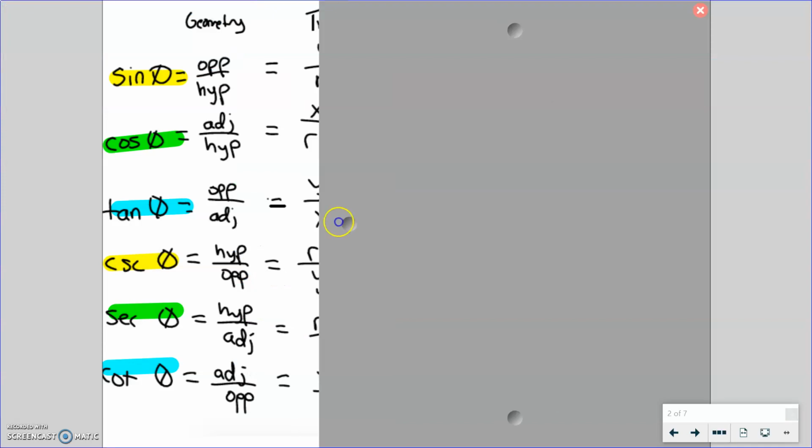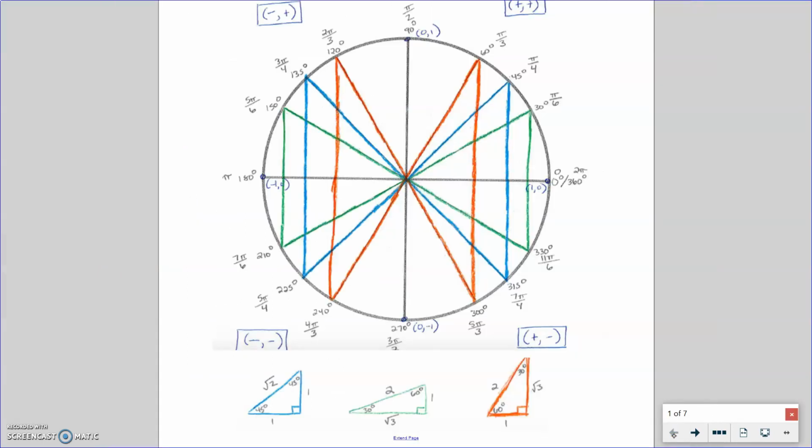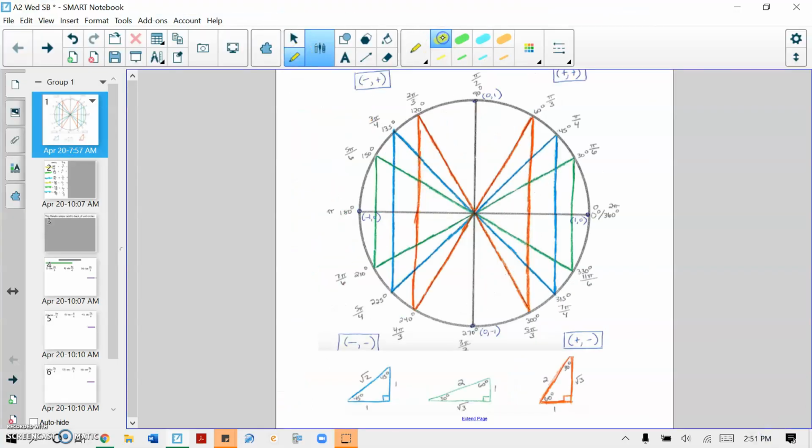The next column you should have written down is the trig version. This basically means if you're looking at the circle in front of you, if I look at sine as opposite over hypotenuse, for example, if I'm looking at sine of this angle, the opposite is your height, which is your y value, and your hypotenuse is the radius of that circle.